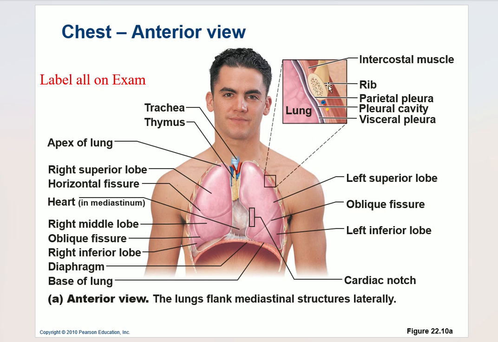And then in this little cutout section up here, a little zoomed in, you have the rib and the intercostal muscles above and below the rib. And just inside of that, right between the muscle of the rib and the lung, we have these little layers, this little lining. We have the parietal pleura on the outside, so closer to the ribs. We have the pleural cavity on the inside.